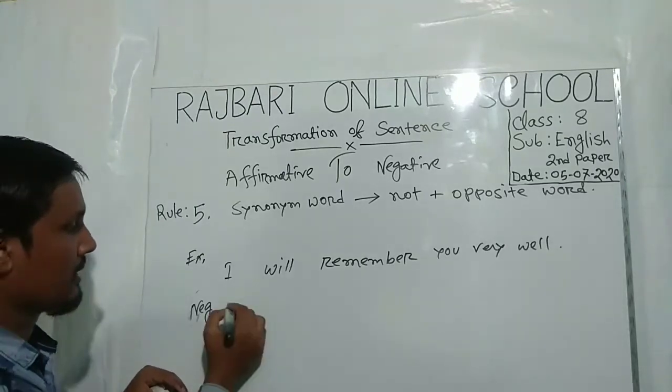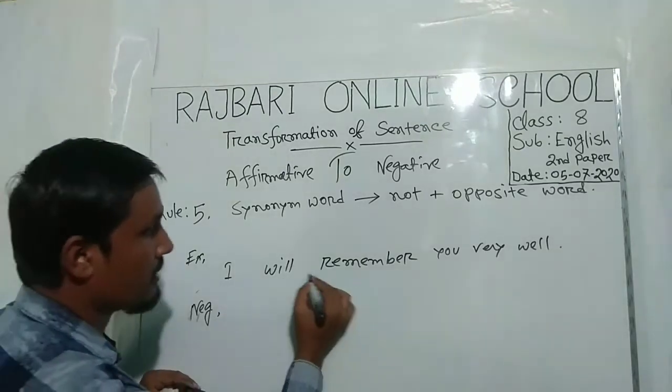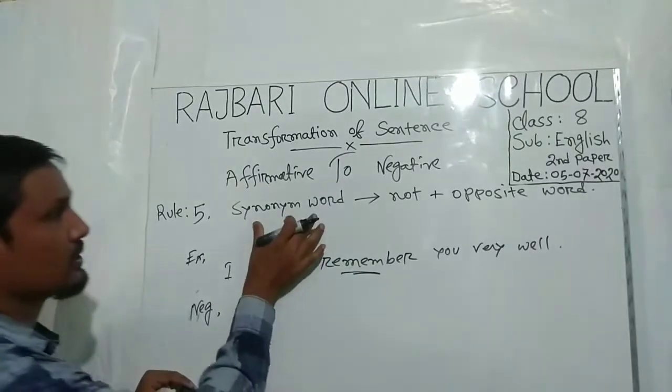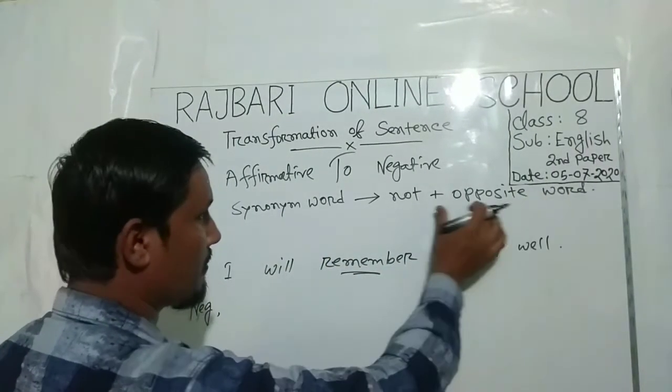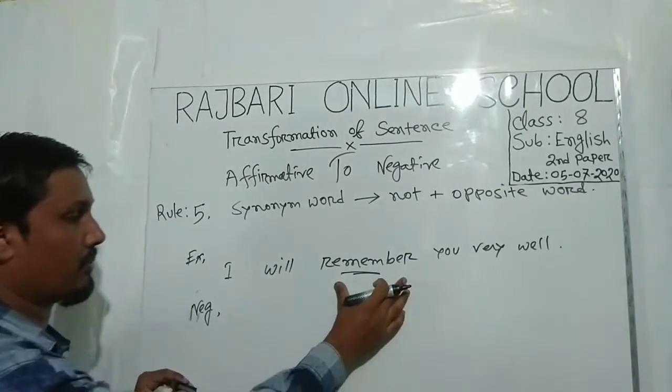That is, here is the word that is synonym word. Okay, and you have to use opposite word, opposite verb of that verb.